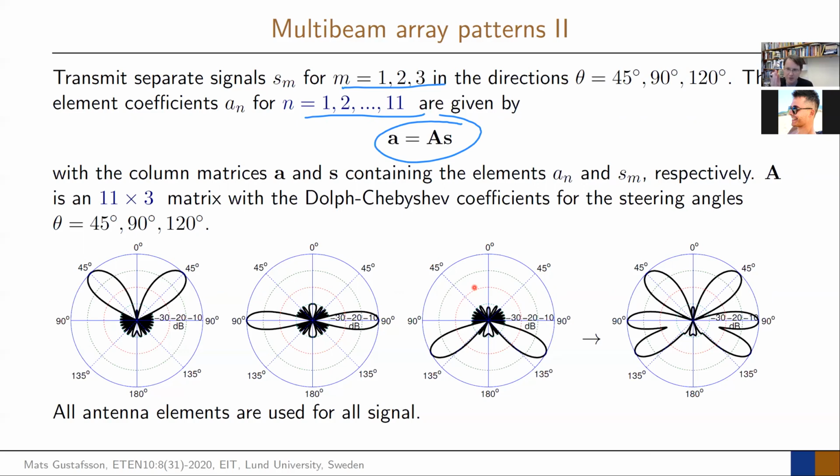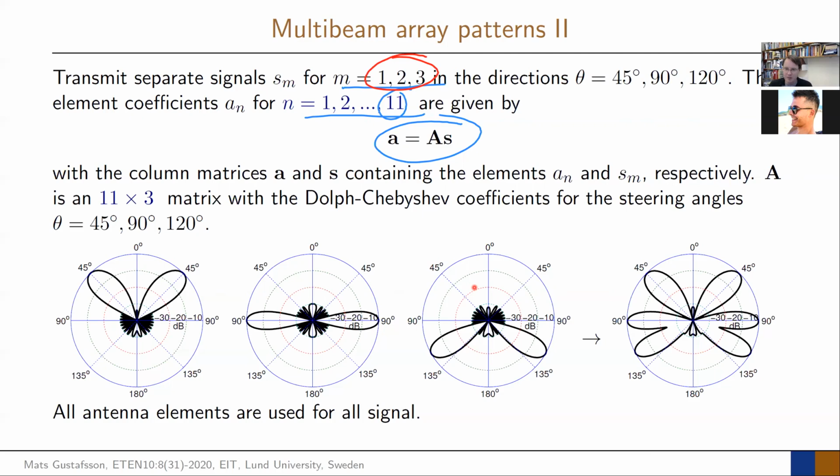So if I determine them for these specific directions, I can just weight them in and send those signals by in some way putting each signal on each antenna element. The understanding here is that I have now these 11 elements, but I have only these signals 1, 2, 3.